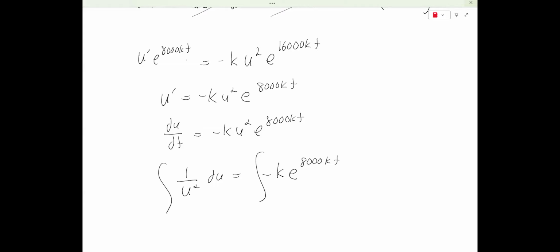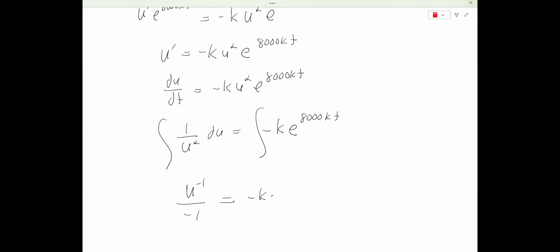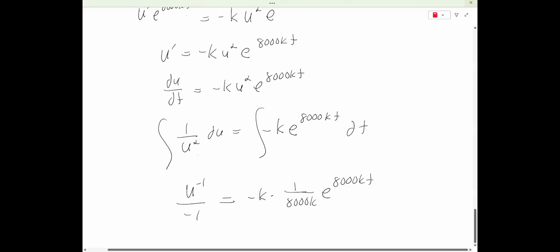Okay, now that's u to the negative second, so that becomes u to the negative first over negative 1 equals negative k times the antiderivative here, and this is dt over here. The antiderivative of this would be 1 over 8,000 k e to the 8,000 kt. I took the k out of here, and the antiderivative of this would be like this.